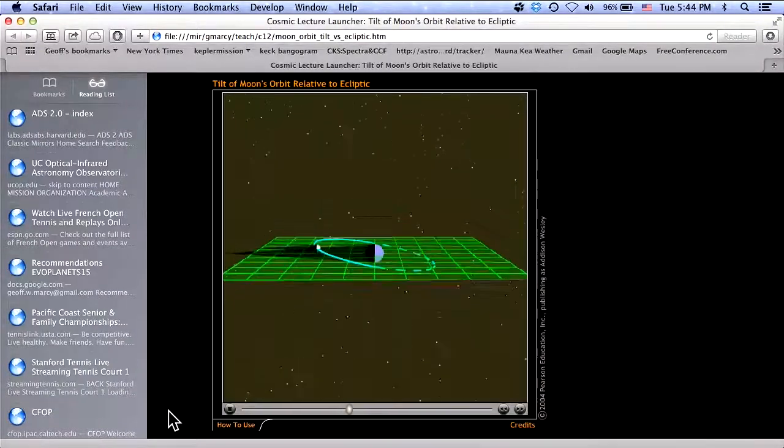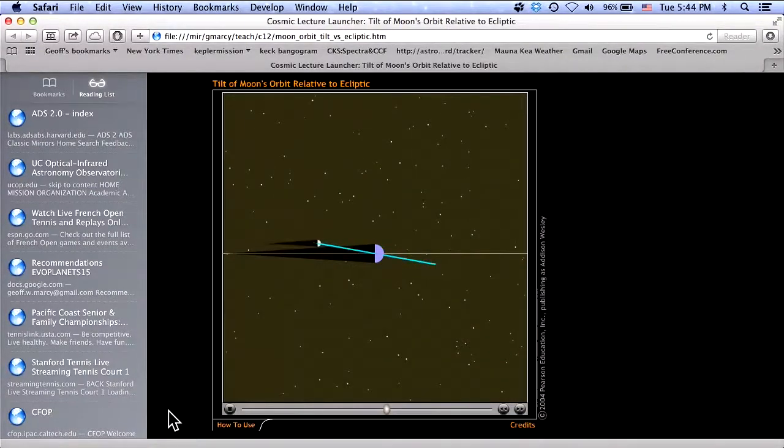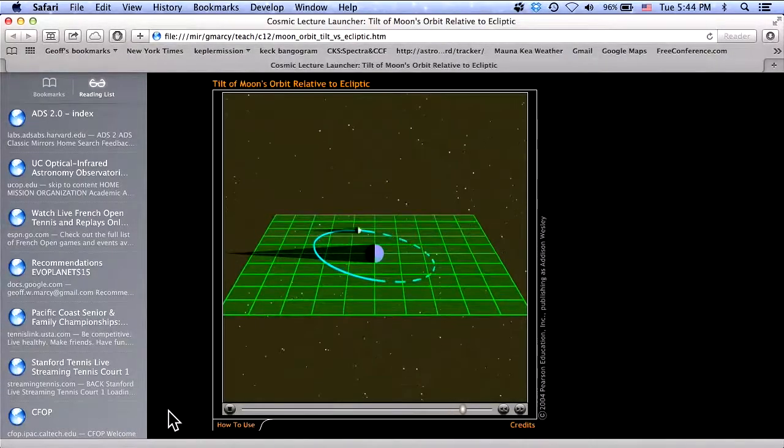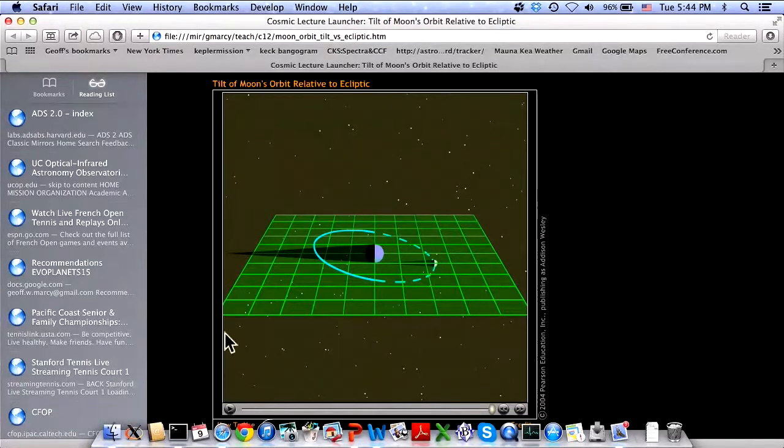But it's not in the same plane as the Earth's orbit around the sun. Tipped 5 degrees. And so the moon doesn't get in the Earth's shadow, nor does the moon itself get in the way of the sun very often because of that tilted plane. So it's rare to have a solar eclipse and a lunar eclipse, as we'll discuss in a minute, because of that tilted plane effect. Cool.